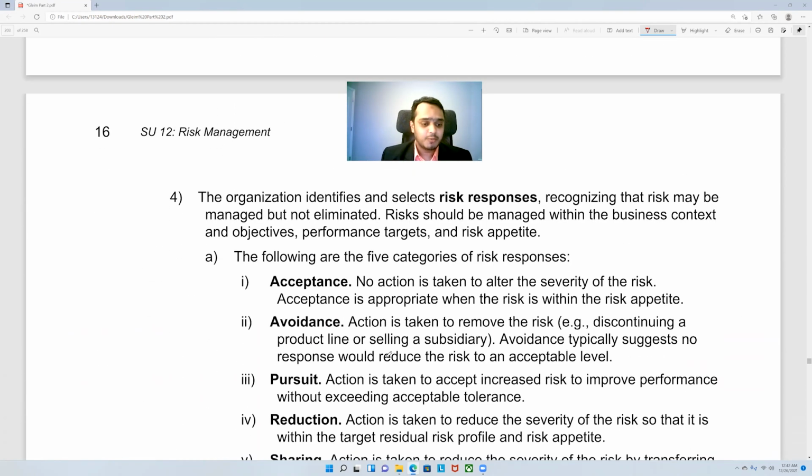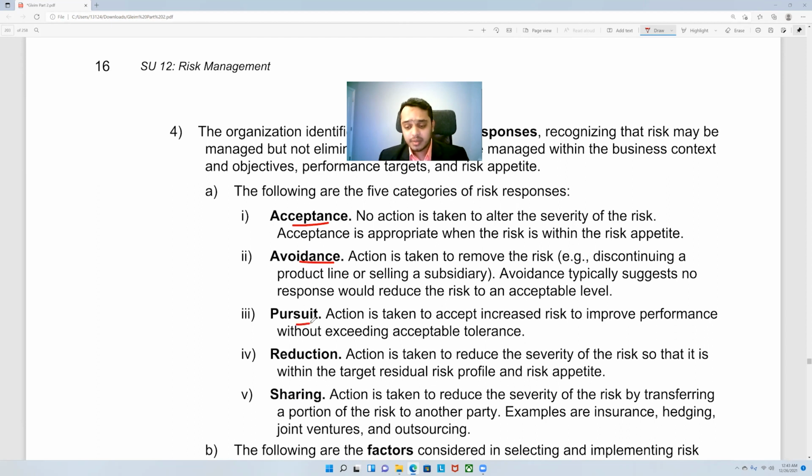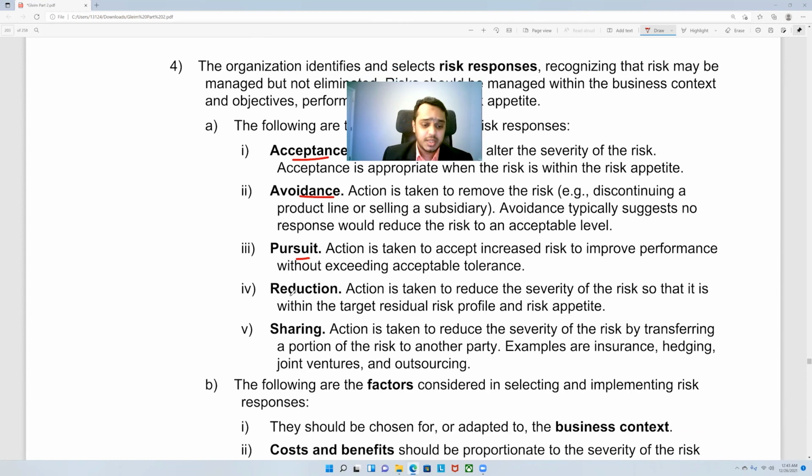Then moving forward, the risk responses: you can accept whatever risk is coming your way and retain it, or you can avoid it just by removing that particular operation or business. Pursue it is nothing but improving your performance, accepting that tolerance and trying to improve your business process.